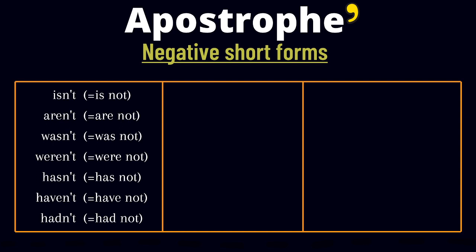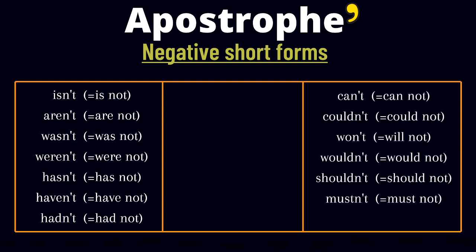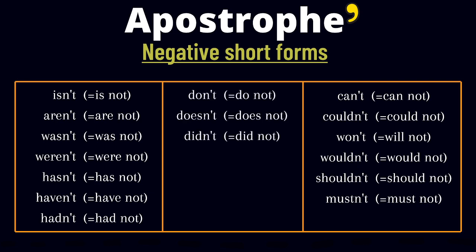Read like this: isn't, is not; aren't, are not; wasn't, was not; weren't, were not; hasn't, has not; haven't, have not; hadn't, had not; can't, cannot; couldn't, could not; won't, will not; wouldn't, would not; shouldn't, should not; mustn't, must not; don't, do not; doesn't, does not; didn't, did not.